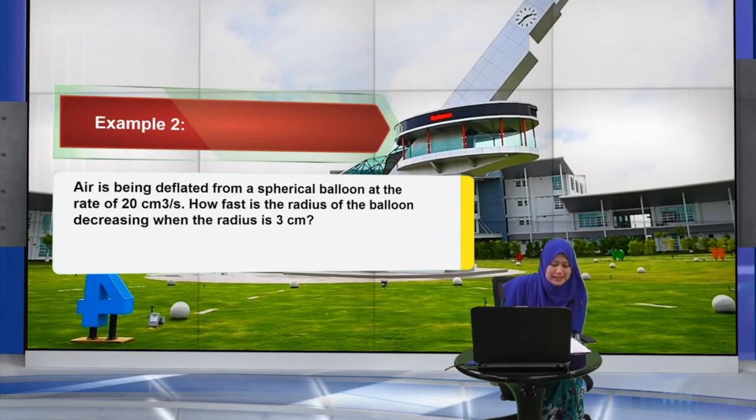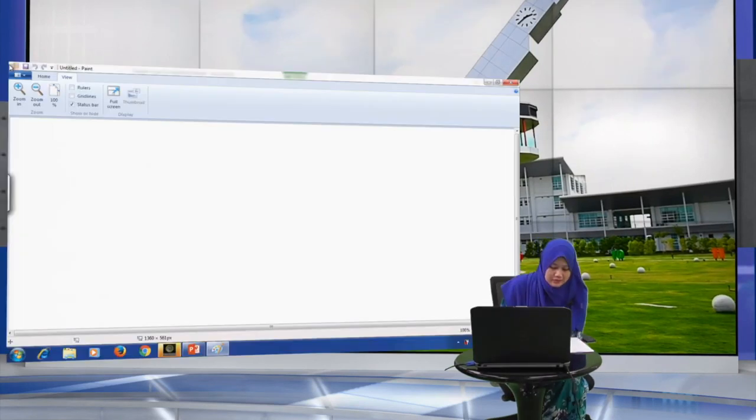The question is, air is being deflated from a spherical balloon at the rate of 20 cm cubed per second. How fast is the radius of the balloon decreasing when the radius is 3 cm? Okay, we are talking about a spherical balloon. Let's sketch the spherical balloon.